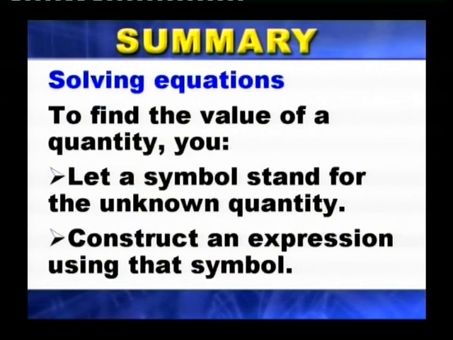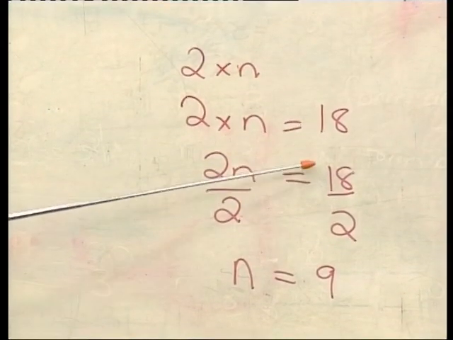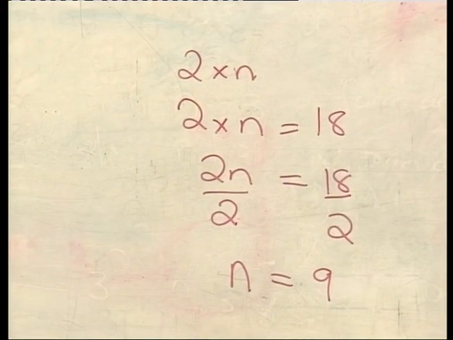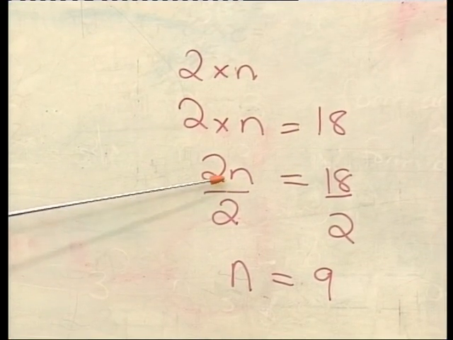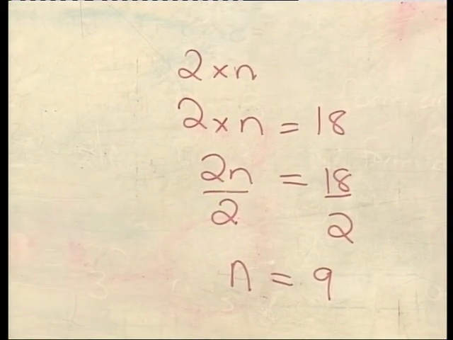Let a symbol stand for the unknown quantity, n, or x, and then you construct an expression using that symbol, 2 times n. 2 times n is equal to 18. After that, form an equation, and then you solve the equation to find the value.